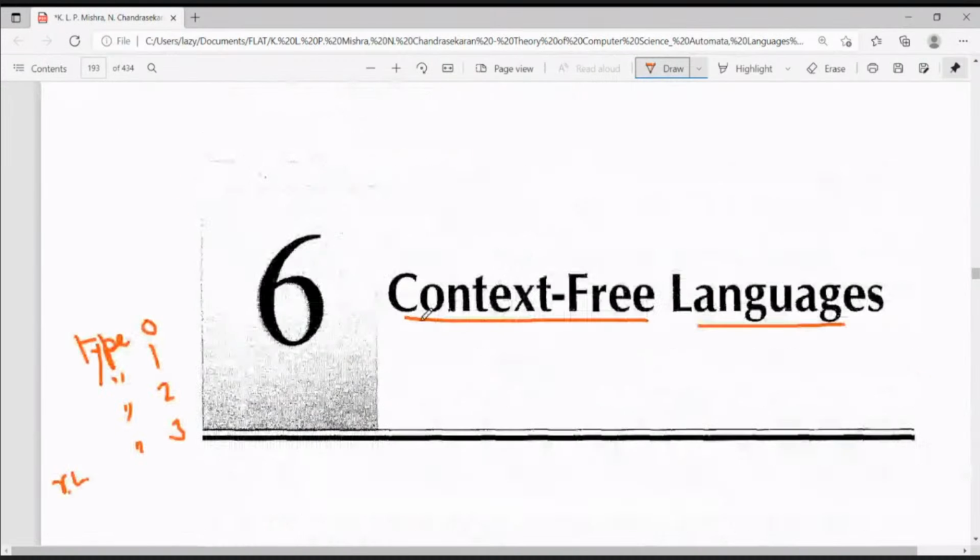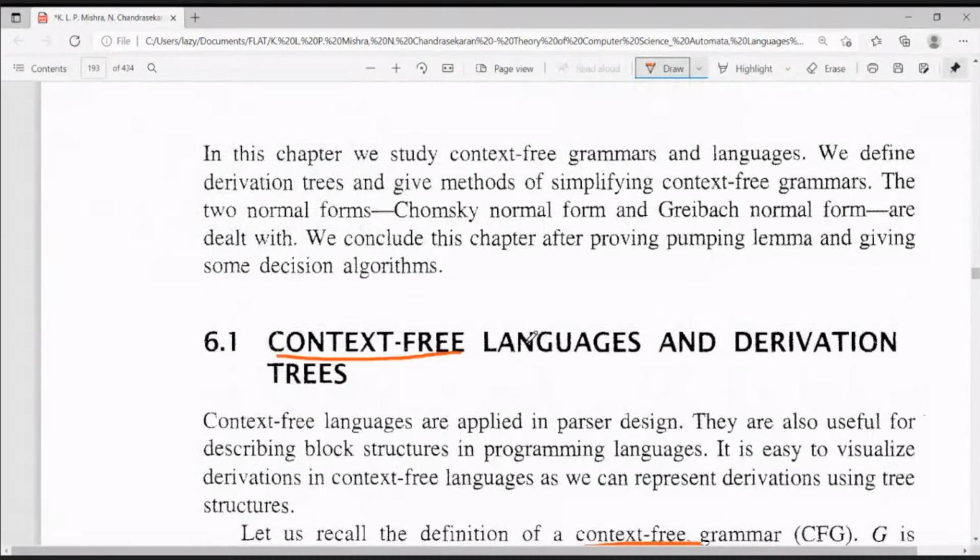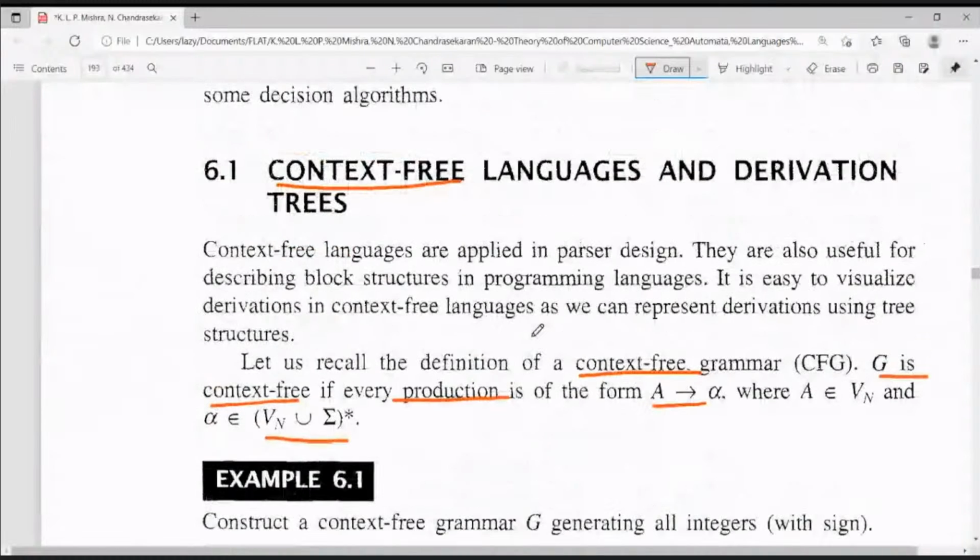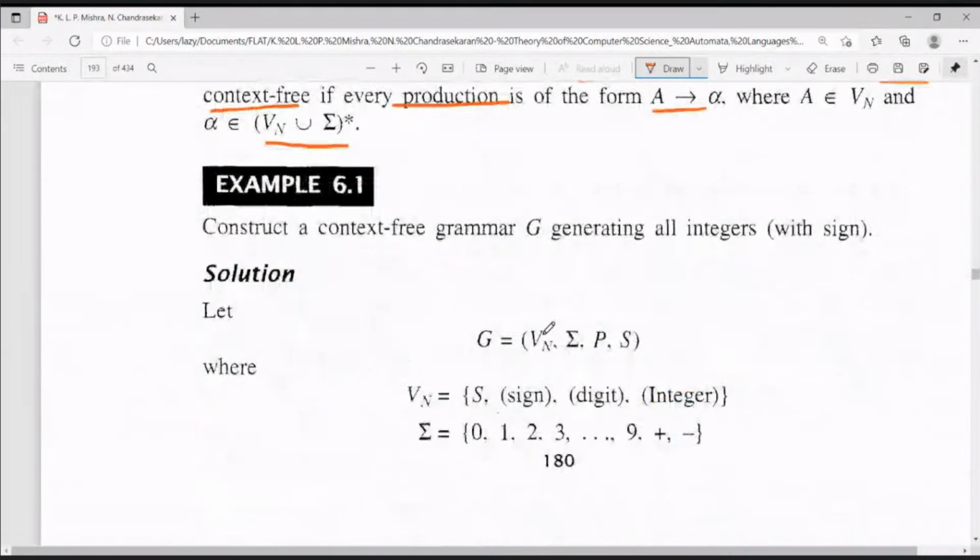The main focus here is on context free languages. Basically this is used for parsing the productions, and we can identify whether it has any kind of ambiguity or not.